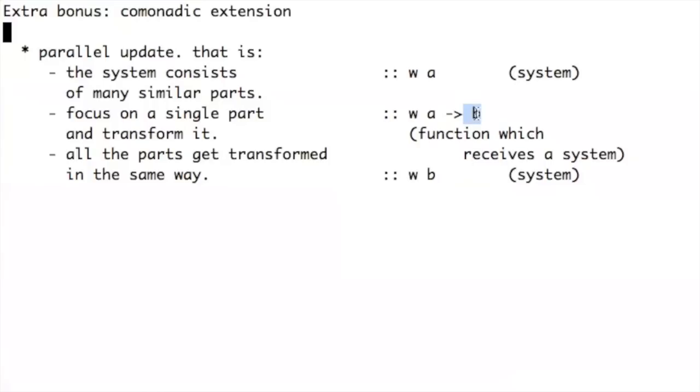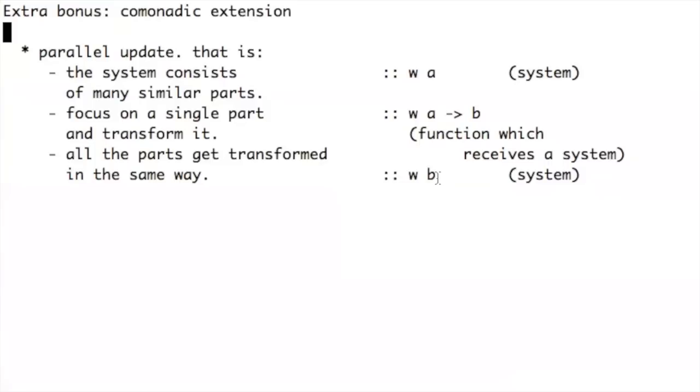And it only returns one value because we're focusing on one particular part of the system, right? And we're computing what is the new value for this part and not the others. And by applying this function to all of the parts of the system, we eventually get a new value for all of those parts, and so we have a new system where all of the parts have been updated.